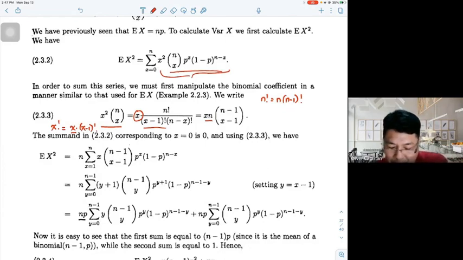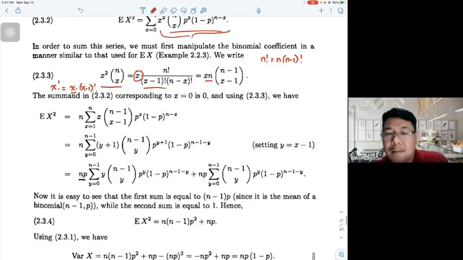And then after that, by changing variables, setting y to be equal to x minus 1, then we have this equality. So when x is equal to 1, obviously, our y here will be equal to 0.